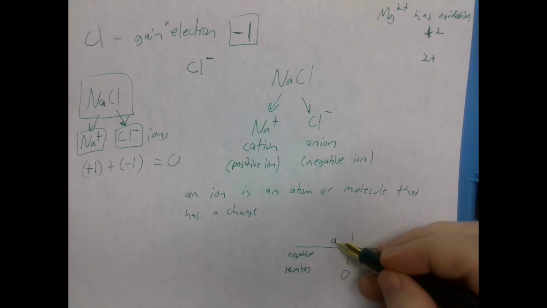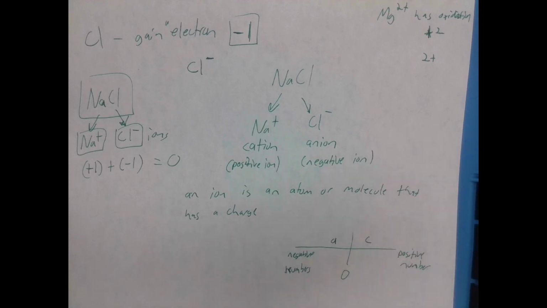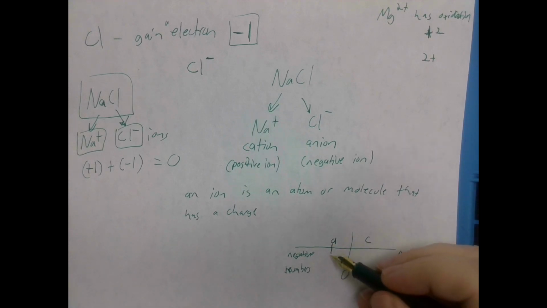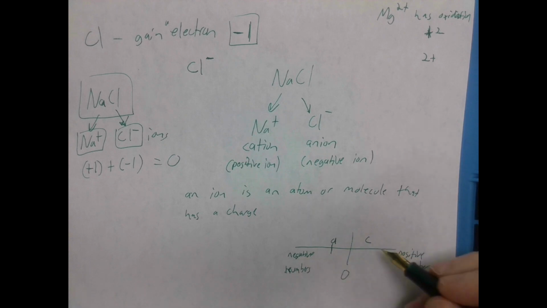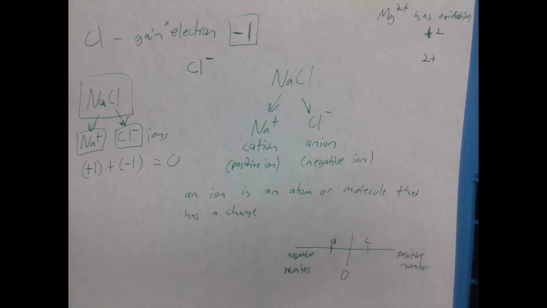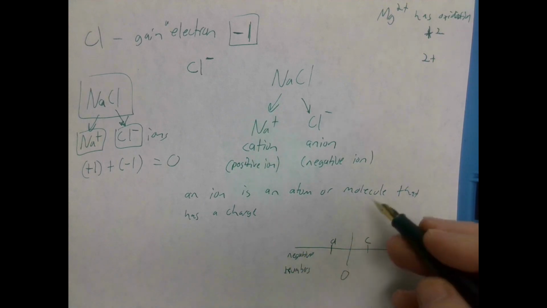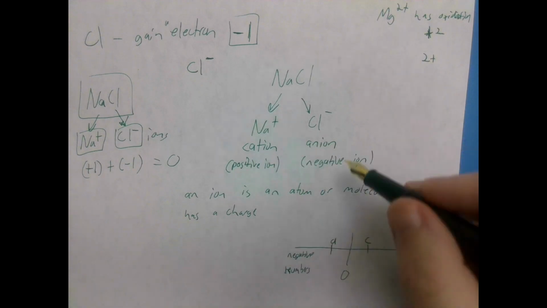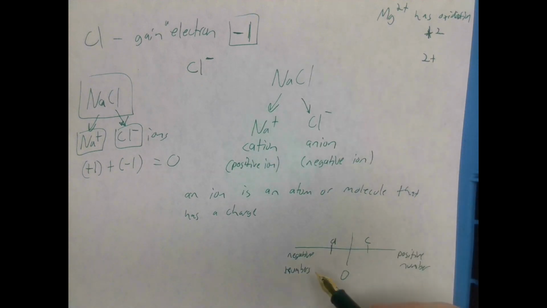A. So A comes first, then C. Thus, A is on the left-hand side and is negative. C comes afterwards, which is on the right-hand side, positive. That's honestly how I remember it: if you sort these by alphabetical order, A comes before C, and negative numbers are first. And B is neutral.